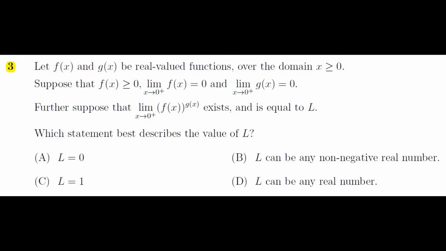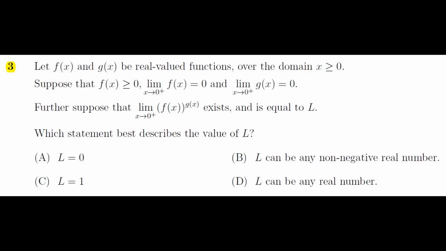So question 3 tells us to let f(x) and g(x) be real valued functions over the domain x greater than or equal to 0. We're told to suppose that f(x) is greater than or equal to 0 and the limit as x goes to 0 from above of f(x) is equal to 0. And also the limit as x goes to 0 from above of g(x) is equal to 0.